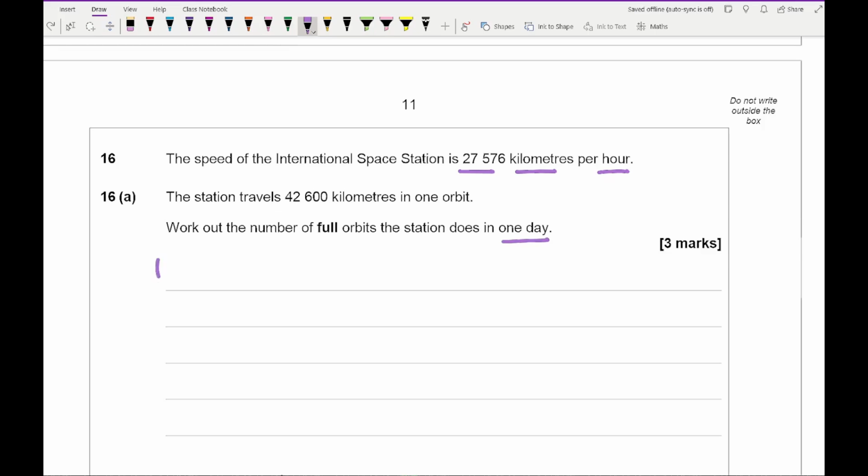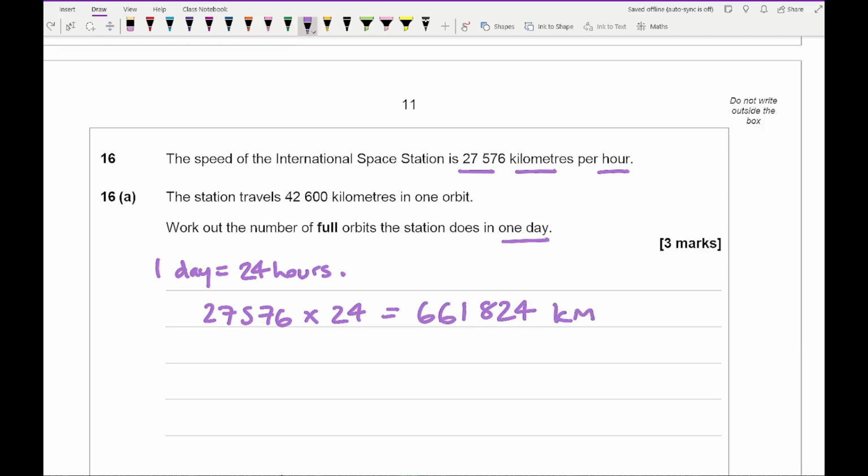So one day equals 24 hours. So if I do 27,576 multiplied by 24, type that into my calculator, I get 661,824 kilometers. So that's the total distance it travels in one day.